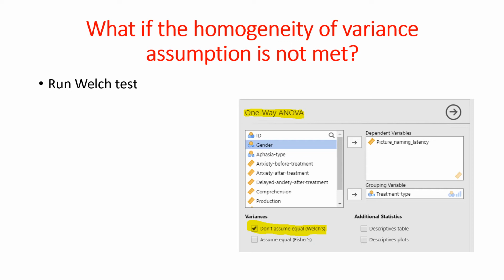So if the homogeneity of variance is violated, we need to run a Welch test. You just go to the tab called one-way ANOVA, and then you select Welch test because equal variance is not assumed. Then you just run the test, and the interpretation is exactly like one-way ANOVA.